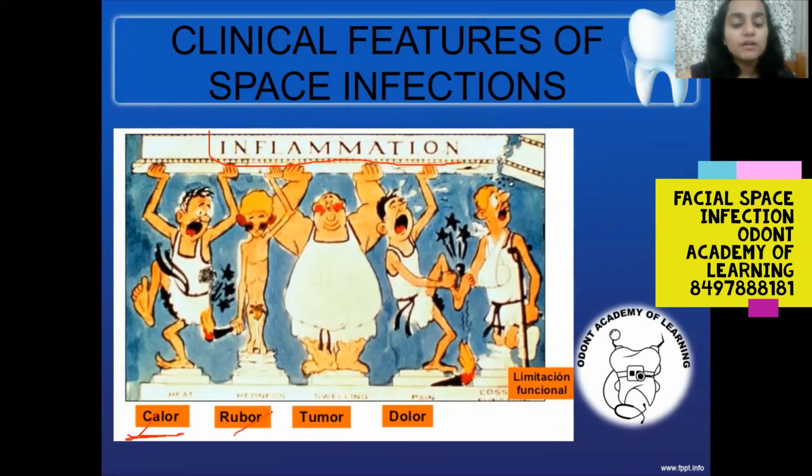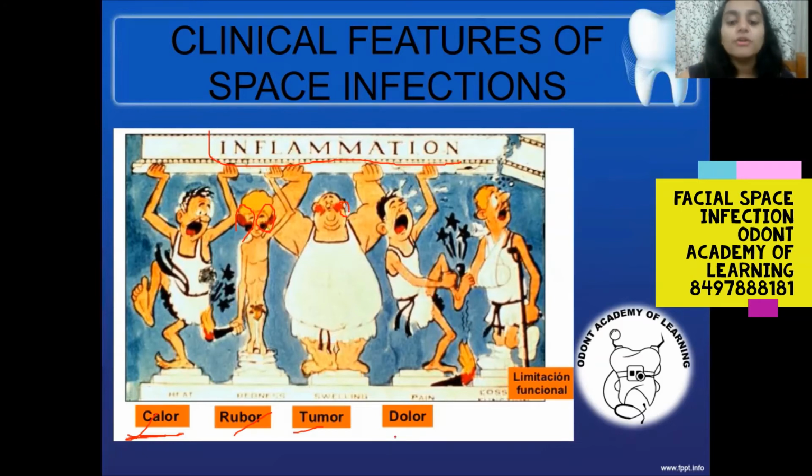Next is rubor, which is nothing but redness. Okay, redness over the overlying skin. Next is tumor. Tumor is nothing but inflammation or swelling basically. So the area which is affected because of pus accumulation is obviously swollen.